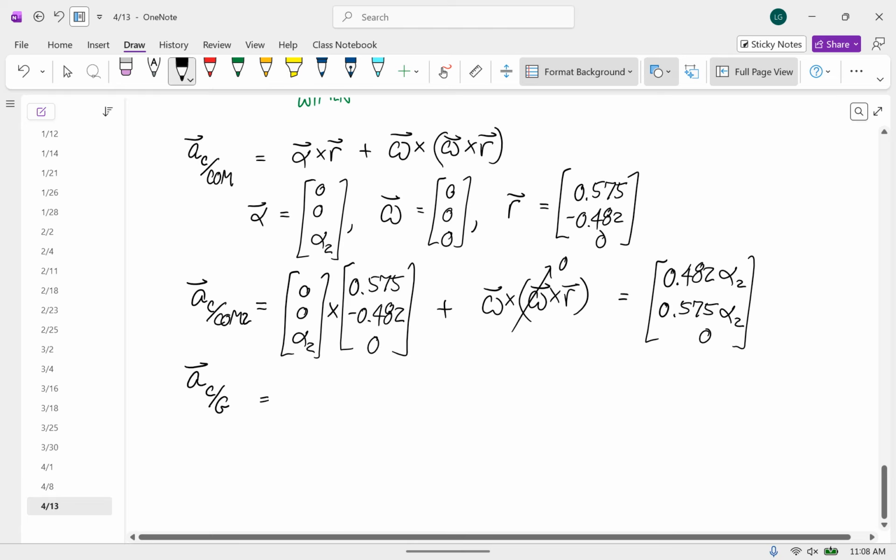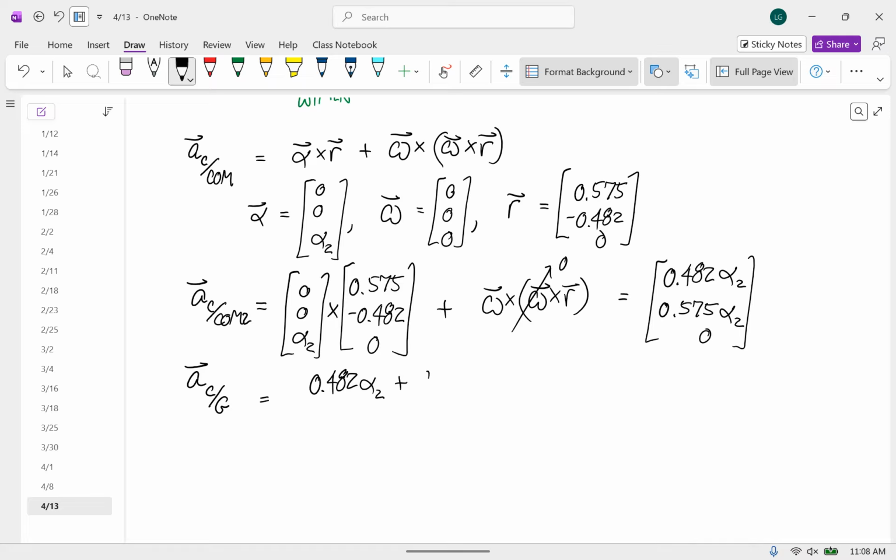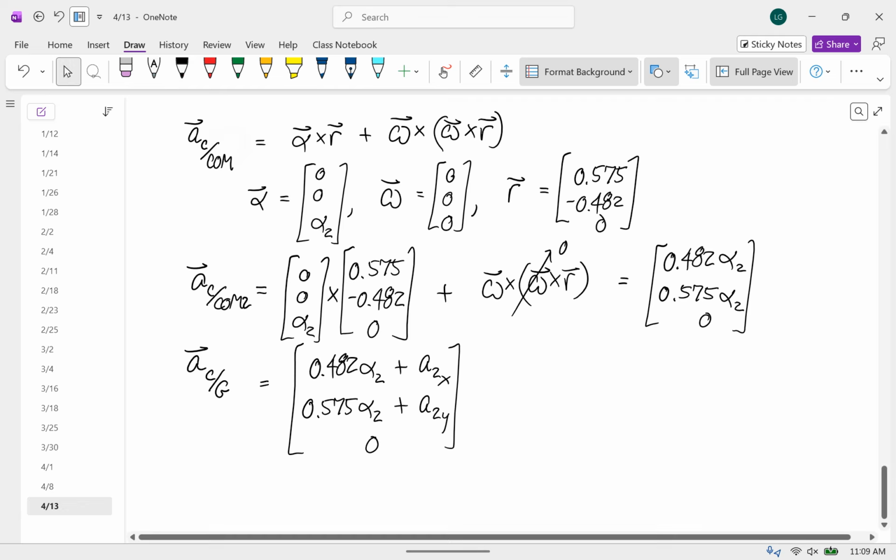So 0.482 alpha 2 plus A2x, 0.575 alpha 2 plus A2y. And then the constraint comes from saying this expression tells us what the acceleration of that point C is.